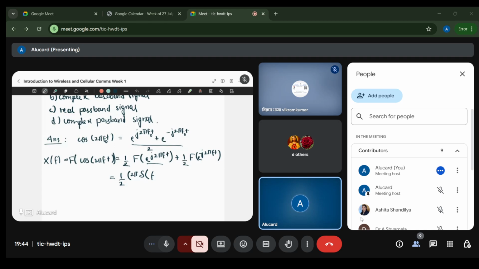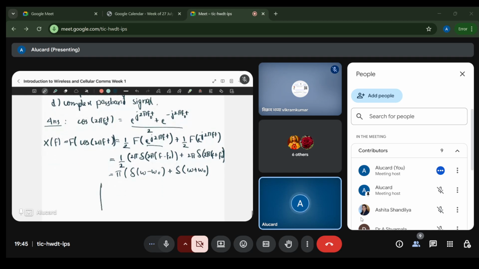So it will be 2 pi into delta of f minus f naught, plus 2 pi into delta of f plus f naught, something like that. 2 pi f is omega, so we'll just write it as delta of omega minus omega naught plus delta of omega plus omega naught.